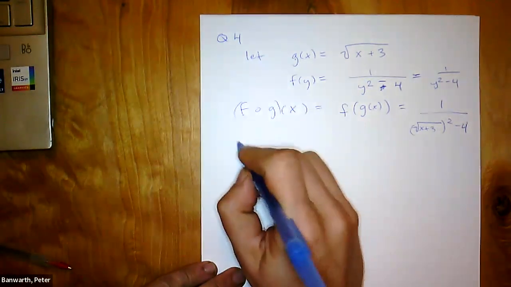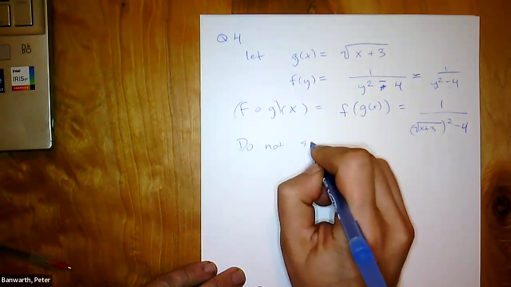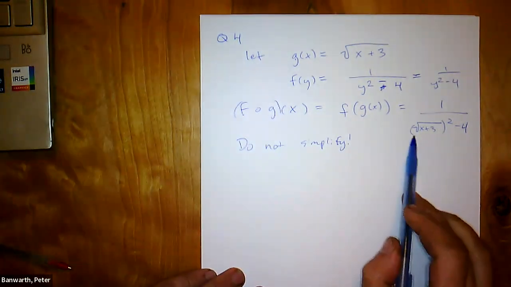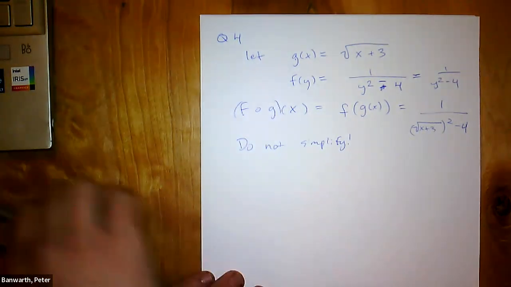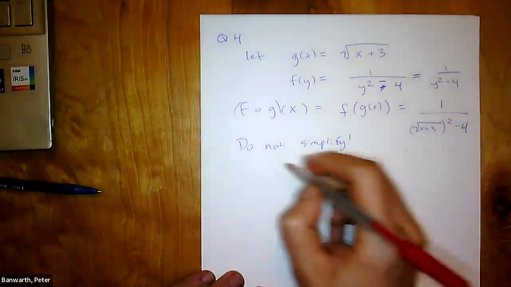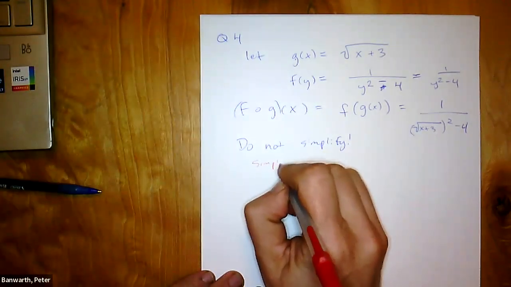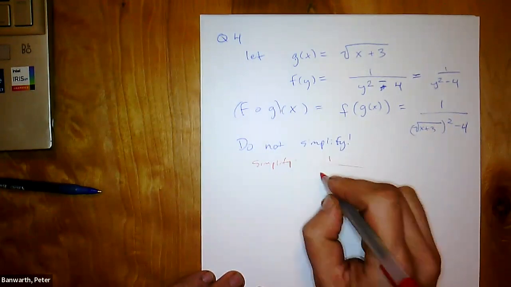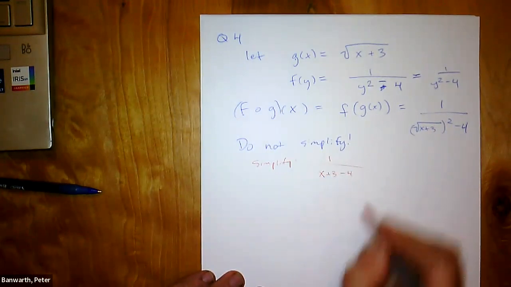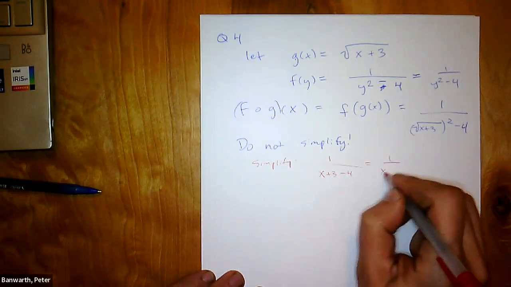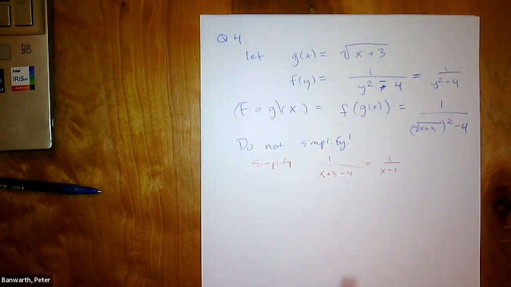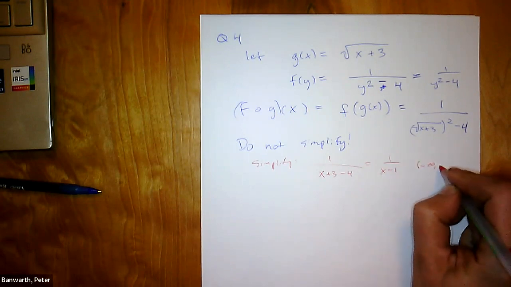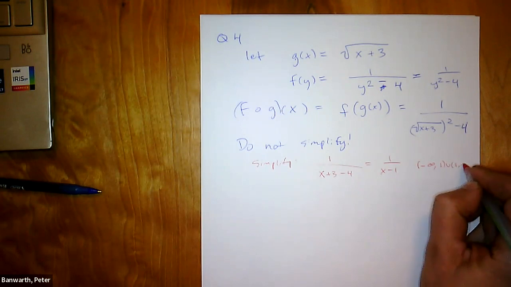Here's a word of advice: do not simplify. If we think about simplifying, I'm going to get 1 over, and the square root and the square cancel. And I get 1 over x minus 1. And if you remember your rational functions, my domain is everything except 1.